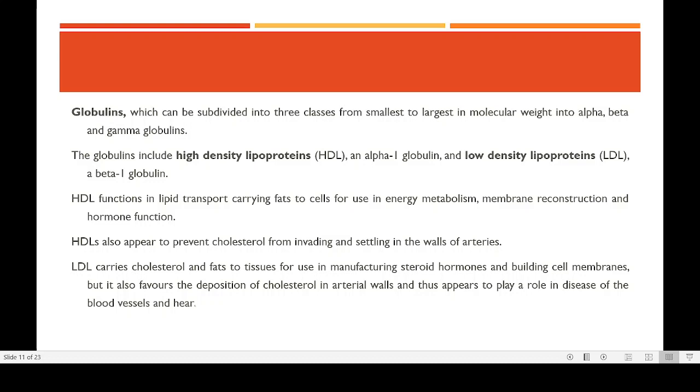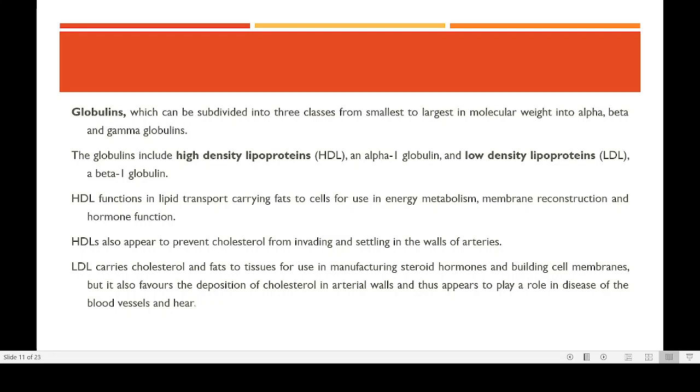So that is why generally doctors say a higher level of HDL is always good, and a lower level of HDL indicates some kind of risk of heart attack or heart disease. LDL carries cholesterol and fats to tissues, where they are used in the manufacture of steroid hormones and the building of cell membranes.